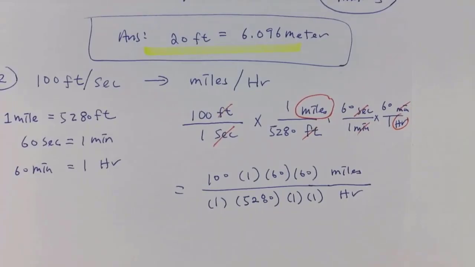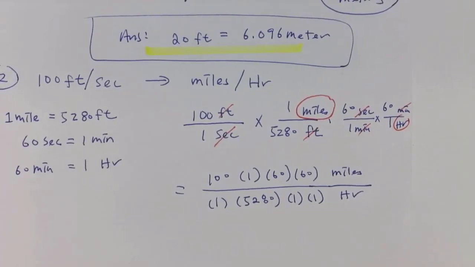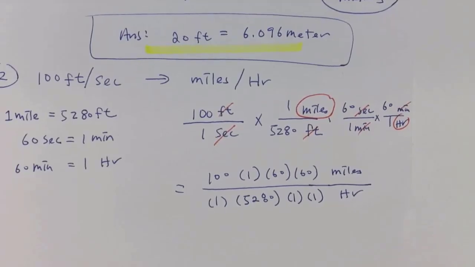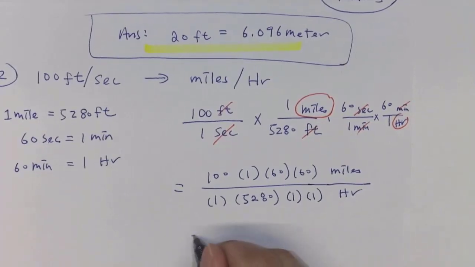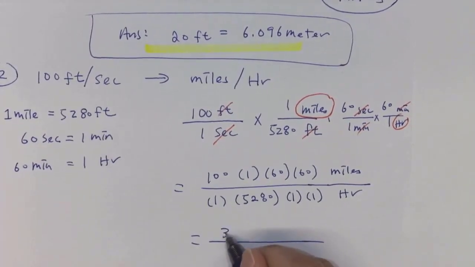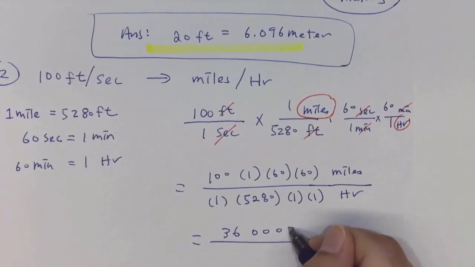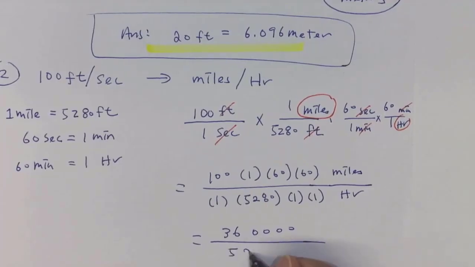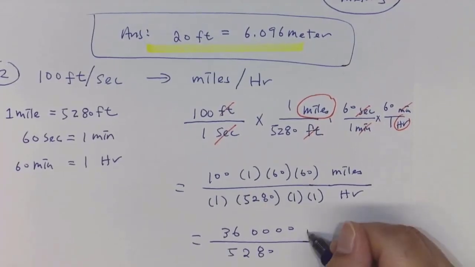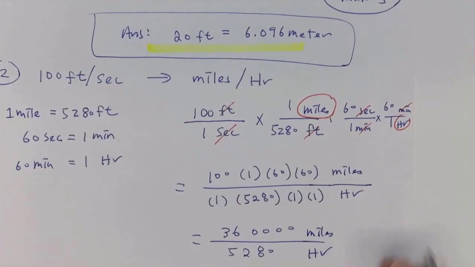Okay, so now we have to multiply and divide. So on top we have 100 times 60 times 60, which will give me 36, how many zeros? 4 zeros. At the bottom is just 5280, right? This is miles per hour.